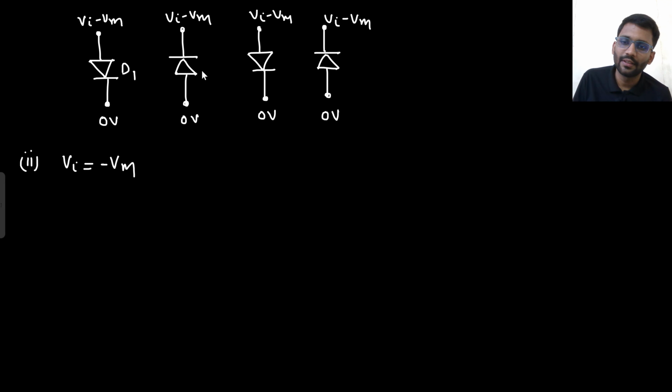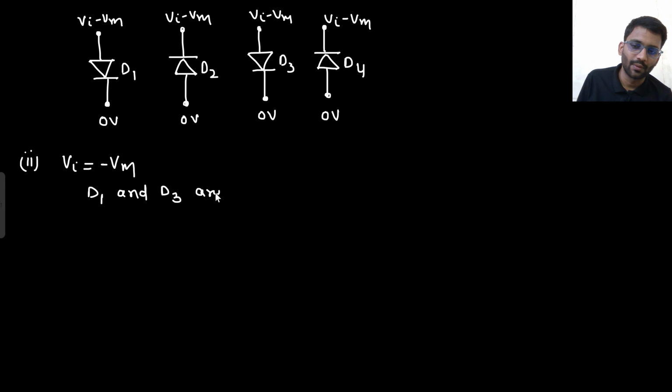This was our D1, D2, D3 and D4. When Vn is equals to minus Vm, D1 and D3 are off. You can clearly see here, if it is minus Vm, D1 and D3 are off. What will happen? When Vn is equals to minus Vm, this will be minus 2 Vm. That means D2 and D4 are on.